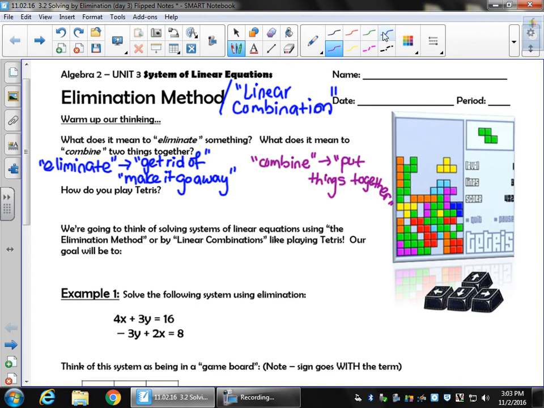So a quick summary of playing Tetris: we move pieces around, get them lined up, so a row can be eliminated.